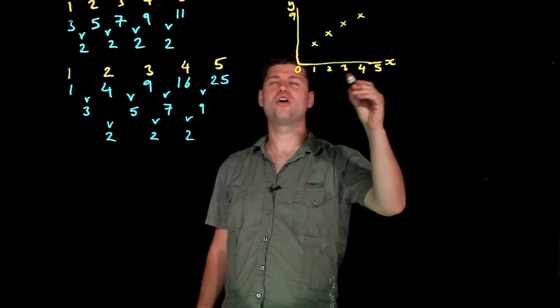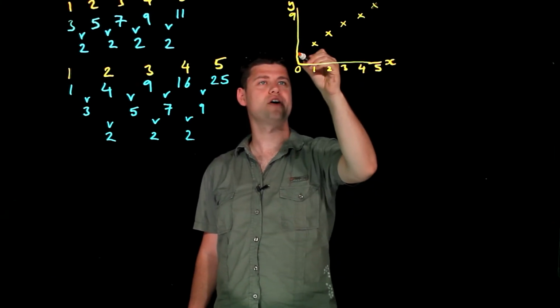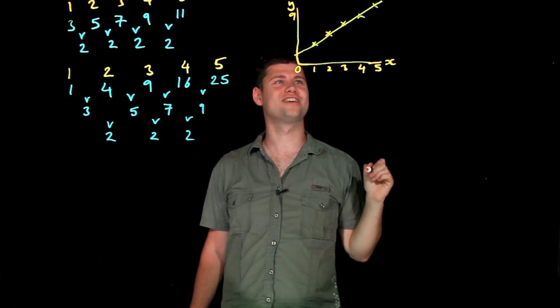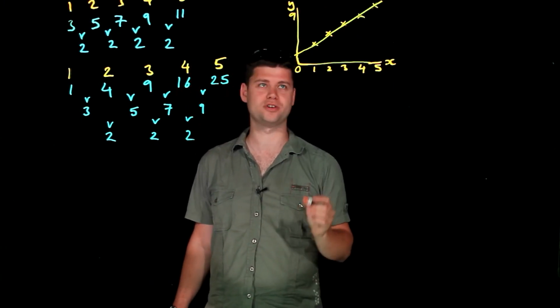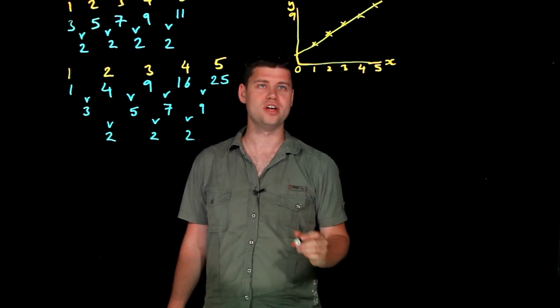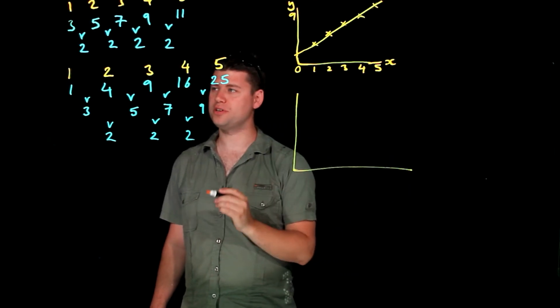And 5 would be 11, and you can see that we get a nice straight-ish line at least. And that's an example of a linear sequence because we've got a straight line relationship between the two different variables.